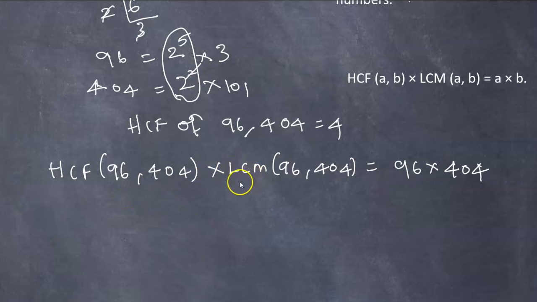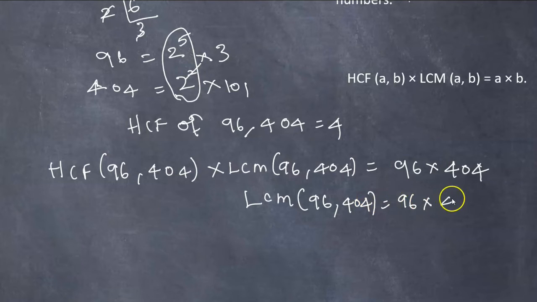We want to find the LCM. So we'll have LCM of 96 comma 404 equals 96 into 404, and the HCF comes down here. So this is how you derive the formula. In case they have asked for HCF, then this LCM would have come down here. You have to alter the formula.